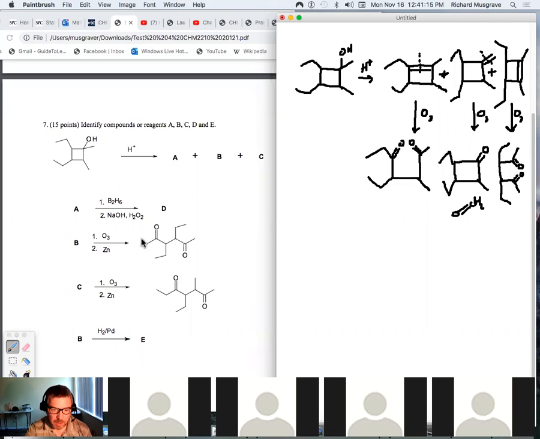So this one that I'm circling now with my cursor, we know that this is the product of what we're calling B. So looking at these three structures that I've got here, which I'm going to number 1, 2, and 3, which one of those does it most look like? Does it look more like structure 1, structure 2, or structure 3?